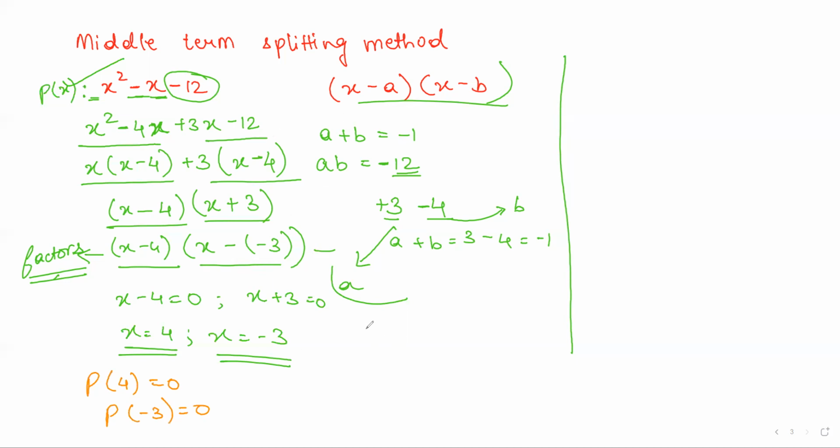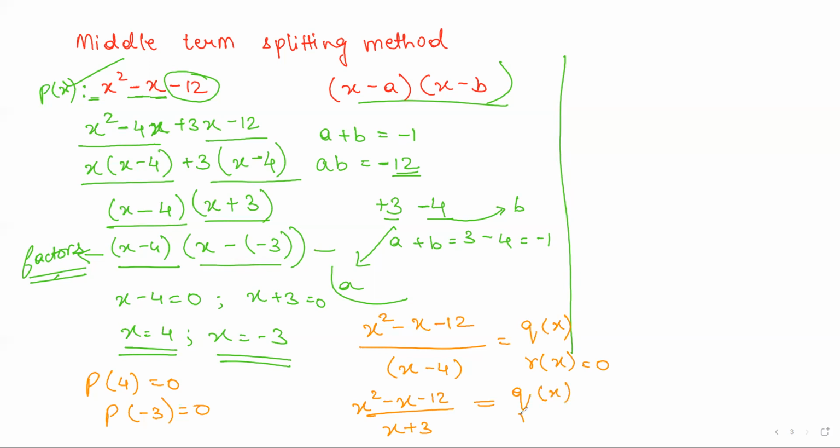Which also means you can divide x squared minus x minus 12 by your factor x minus 4. You'll get a quotient q of x, and your r of x will always be 0 because it's a complete factor. Or you can divide x squared minus x minus 12 with x plus 3. Again, you'll get some value of q of x, but your r of x will be equal to 0.